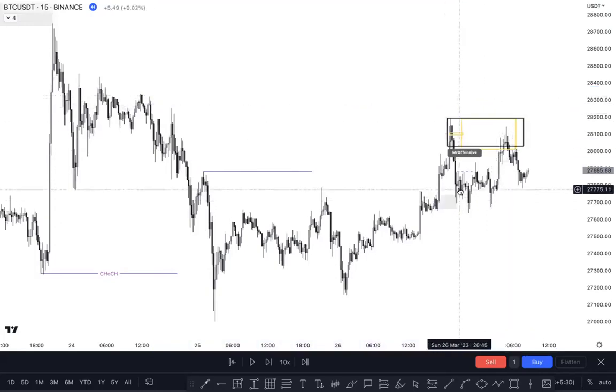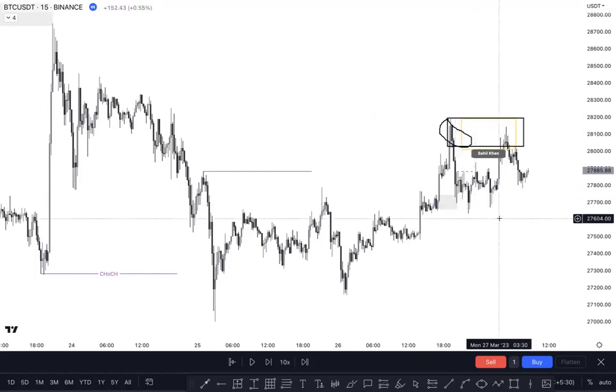So this is a demand, pushed downside and broke this low. So where is the POI? I mean, the next supply zone.